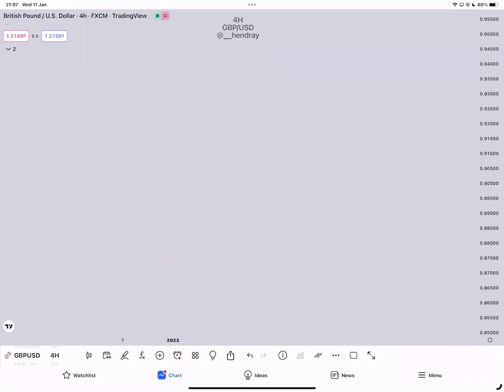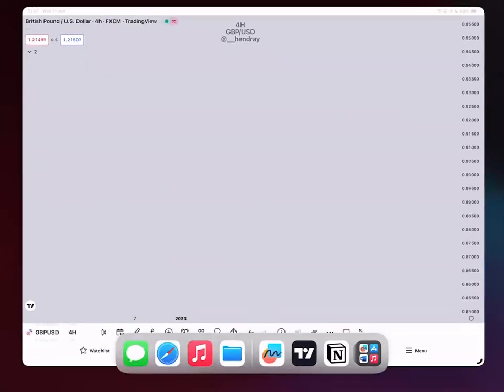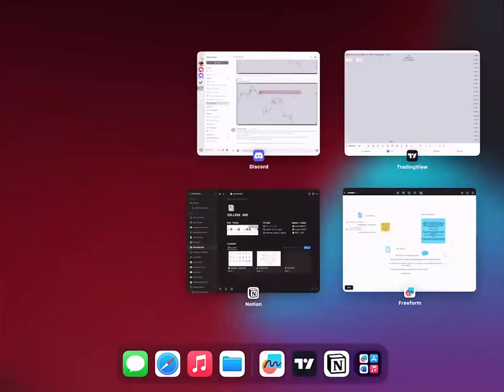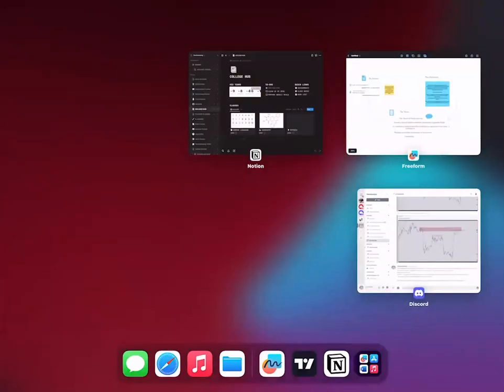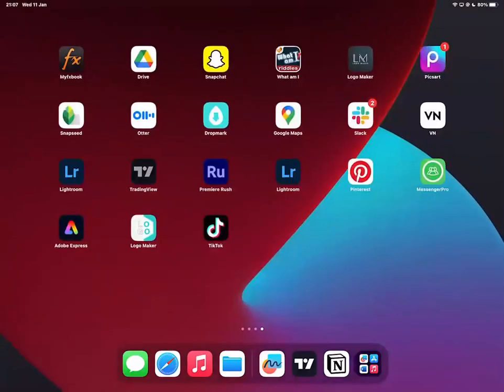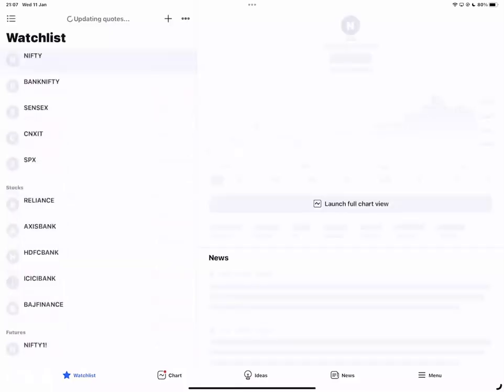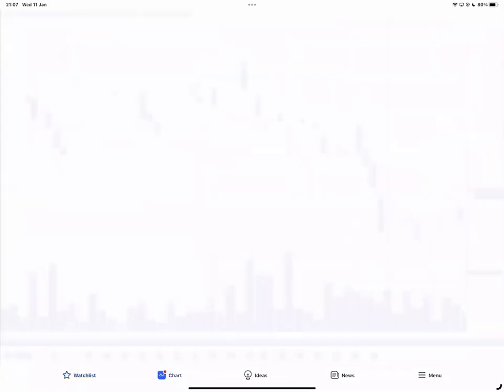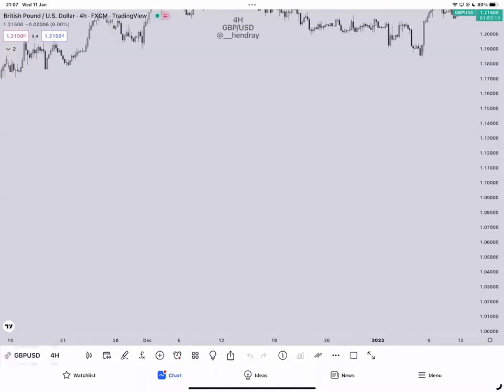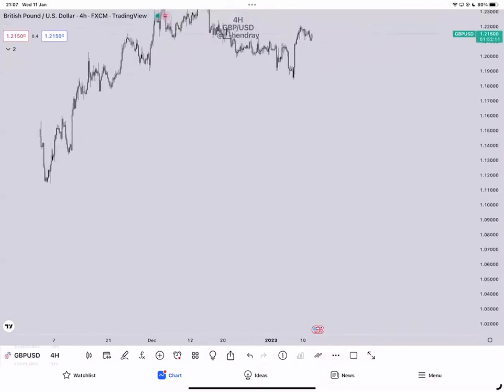I can't find my chart anymore. A minute. Okay, I found it.